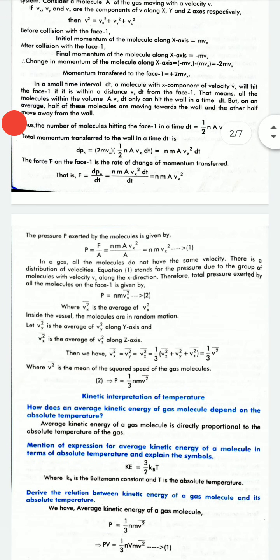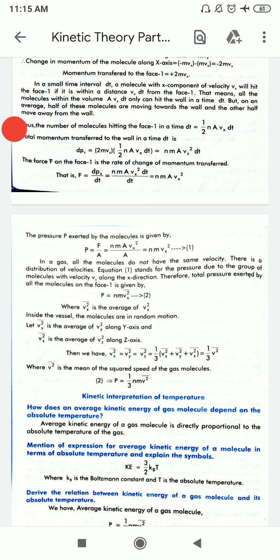Next, the pressure P exerted by the molecule is given by P = F/A, which is nmv_x² divided by A. The pressure is force divided by unit area.